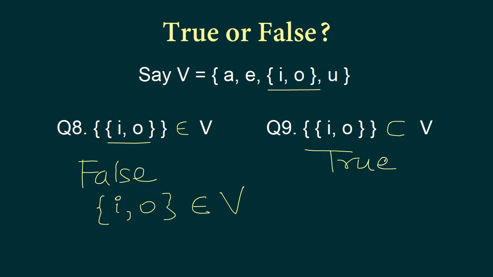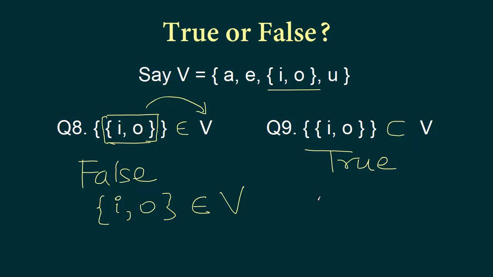So I hope that you're able to clearly see this distinction. So here, this set is actually an element of V. So when we create a set that contains the element, then we are basically saying that we have a set that contains the element, and if that element also is present in V, then this is a subset of V, which is the case here.